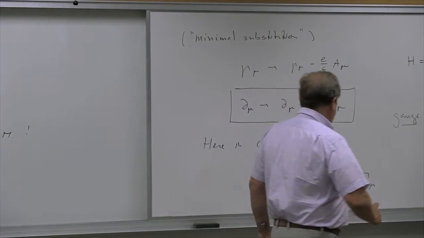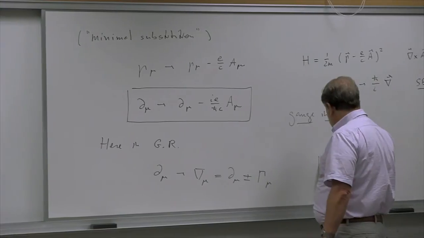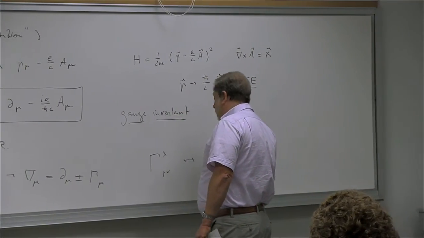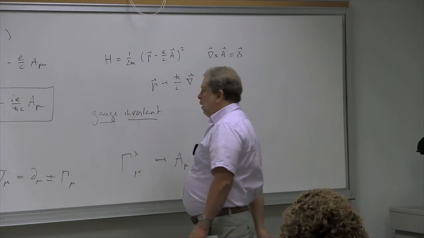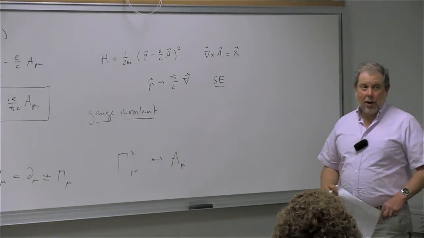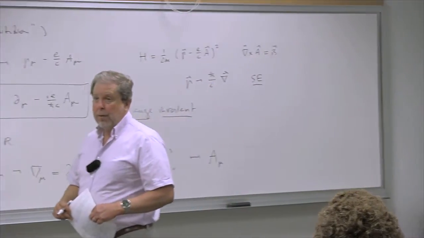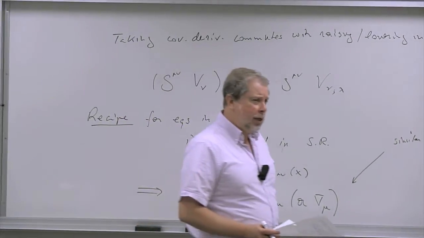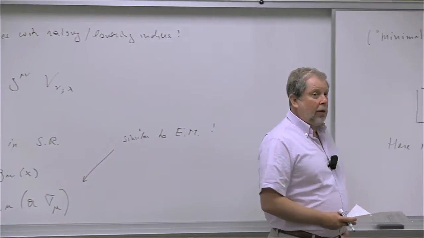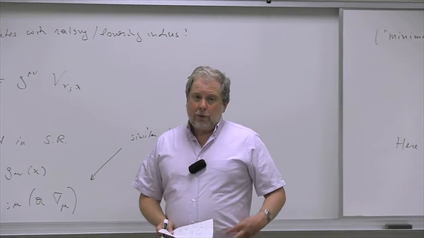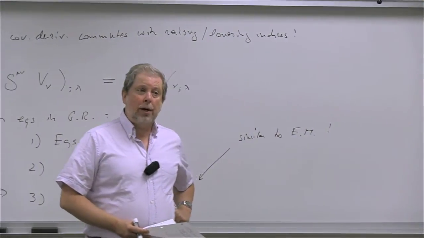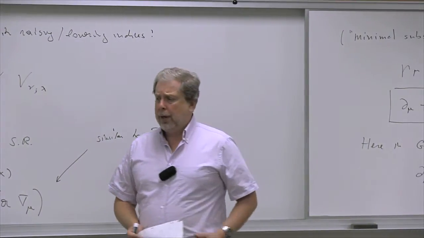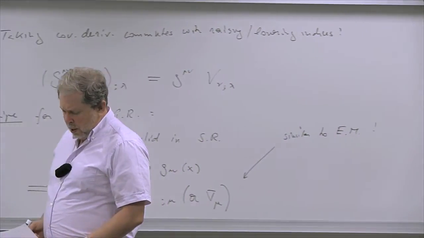So there is an analogy between the gamma lambda mu nu and the A mu field. The gamma is playing a role similar to the electromagnetic field, which is kind of interesting, because you might have thought that the analog of the electromagnetic field was the metric g mu nu. But if you look at the way the derivatives are constructed, it is in fact the affine connection that is the analog of the electromagnetic field, right?